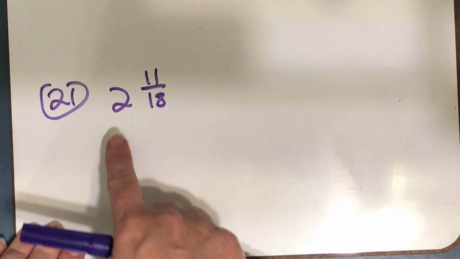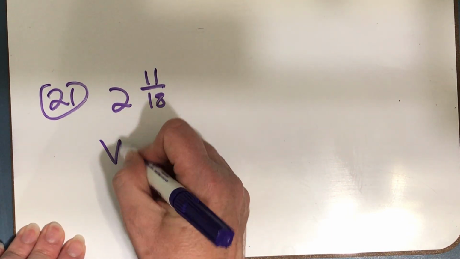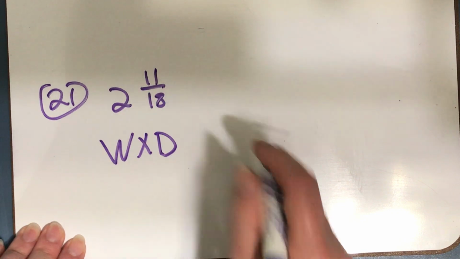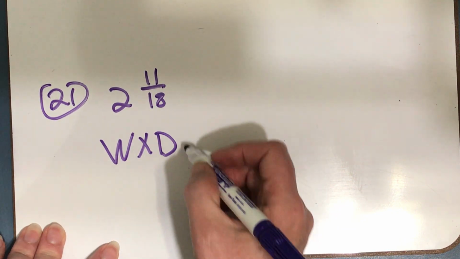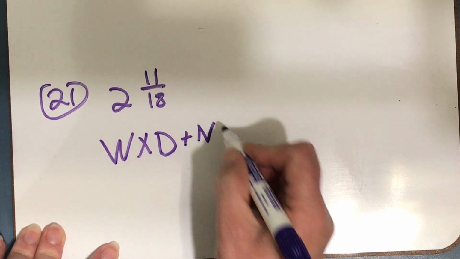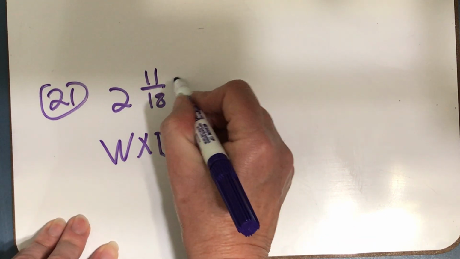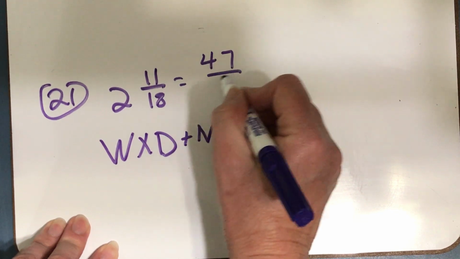So I need to do my whole number times my denominator. 2 times 18 equals 36 plus 11. 36 plus 11 would be 47. So this would equal 47/18.